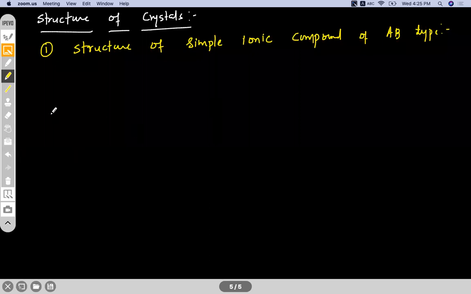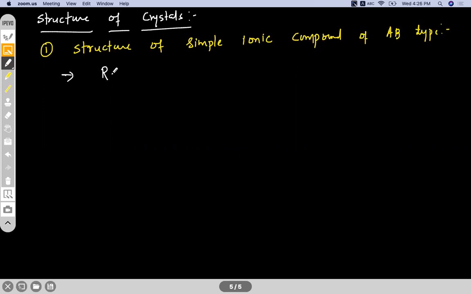AB type structure, we also call it as rock salt, or NaCl type structure. Rock salt or NaCl type structure.